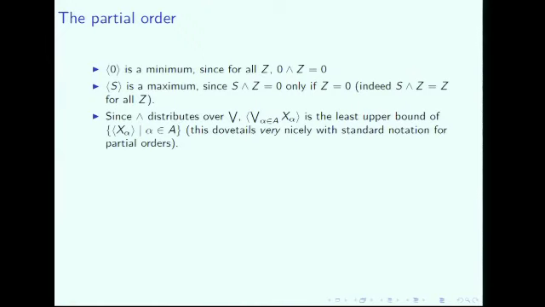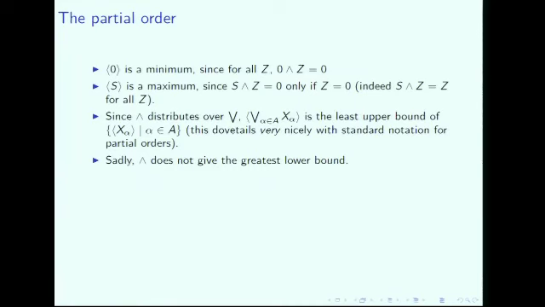Now, since the smash product distributes over wedges, if you take the wedge of a collection of spectra, that actually gives you the least upper bound of the Bousfield classes in this partial order. So that fits in beautifully with standard notation for partial orders. Sadly though, smash does not give us the greatest lower bound.